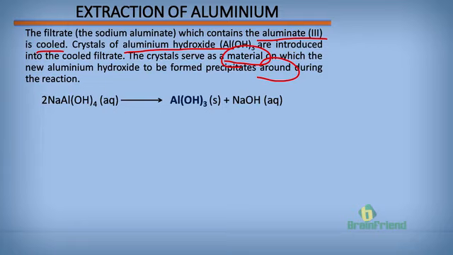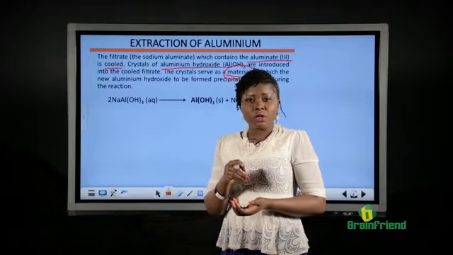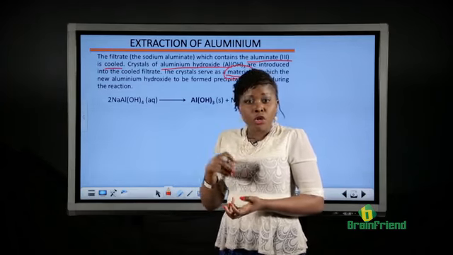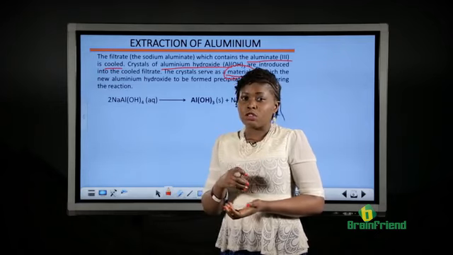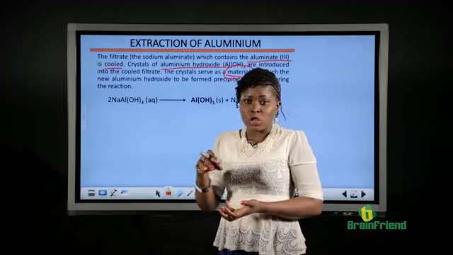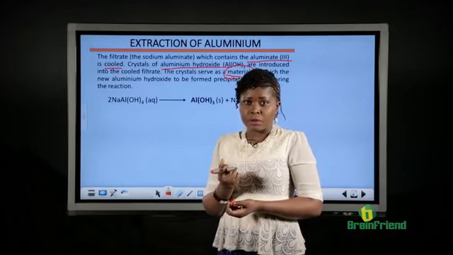So we have an already prepared aluminium hydroxide crystal at hand. So we add it to the cooled sodium aluminate. Now this aluminium hydroxide we are adding is so that the new aluminium hydroxide that is going to form would have a basis, a ground on which it will precipitate around.